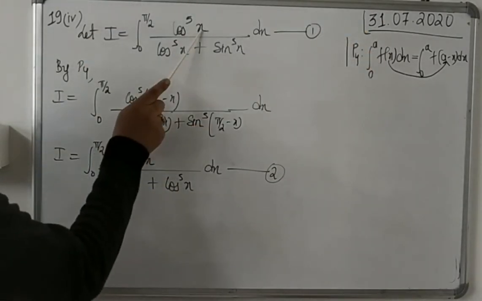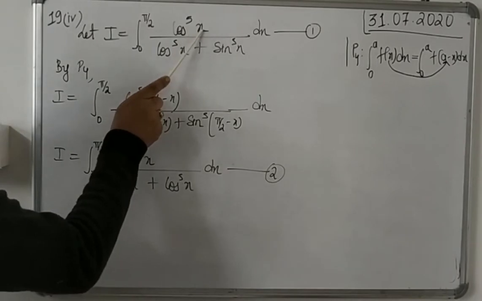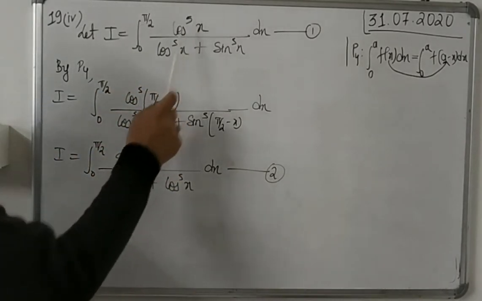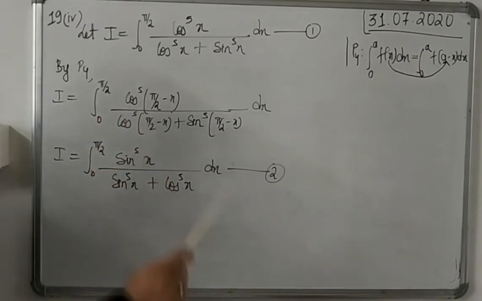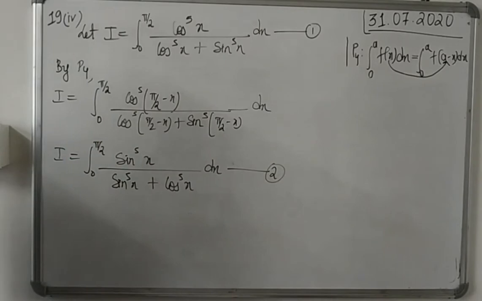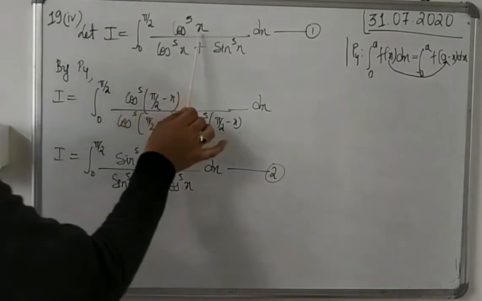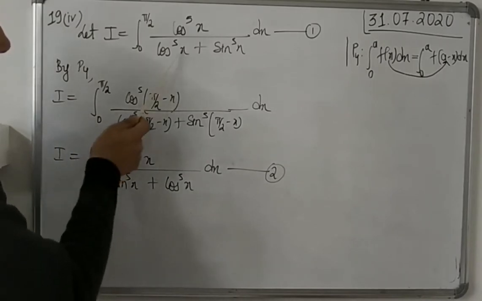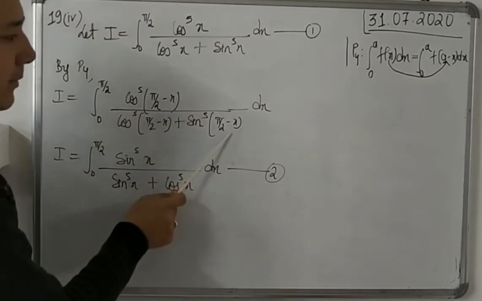Everything remains the same, to the power 5. Cos remains cos, sin remains sin, but wherever it is x, the value changes to pi by 2 minus x.